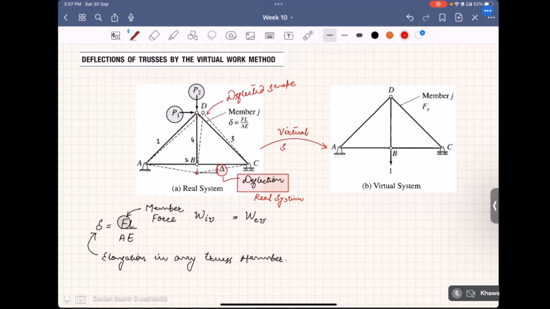In this virtual system, what things will be constant? The configuration of the truss will be constant. Its boundary conditions will be constant.